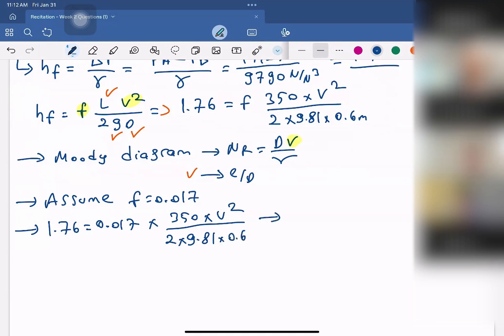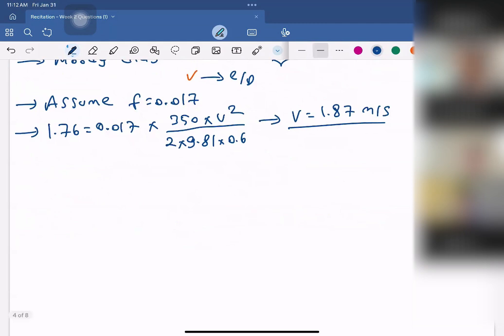And from this equation, since the only unknown is velocity, the velocity will be 1.87 meter per second. And now, of course, this is coming from an assumption.